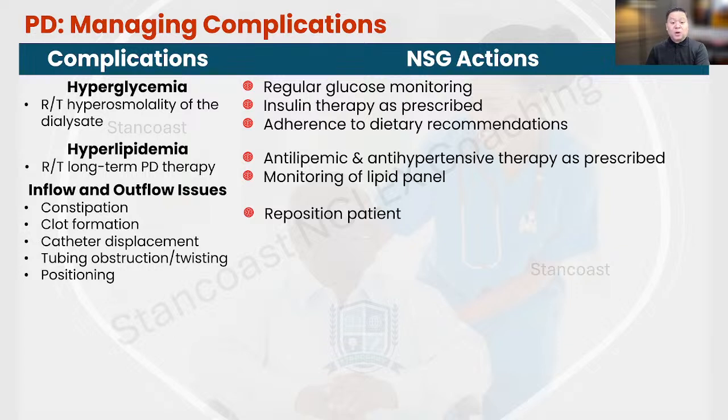Or if this doesn't work, then they can do some milking of the tubing. Maybe there is fibrin clot formation that can be easily fixed by just compressing or milking the tubing. And so we're also going to check for any kinks or maybe a clamp that has been inadvertently closed, and also to prevent constipation. So how are we going to deal with that?